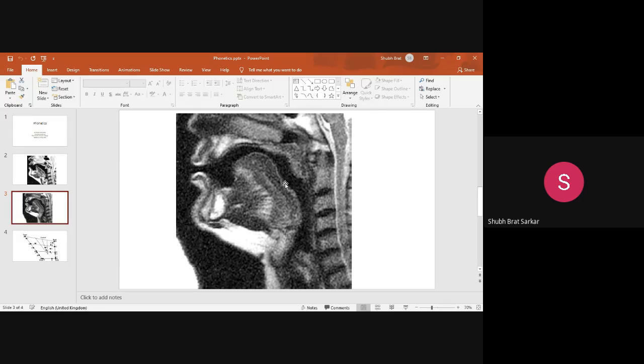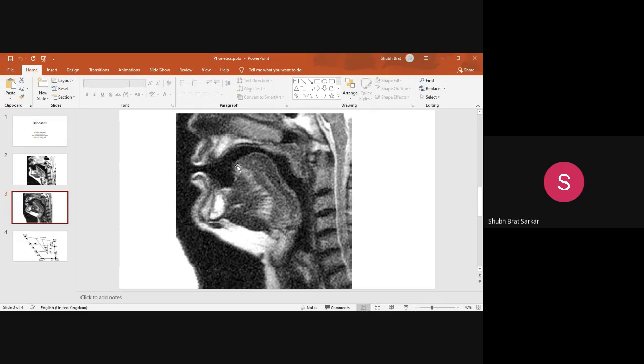These monophthongs, according to the duration of the sound, have also been classified into two types. I repeat, according to the length of the sound, these monophthongs are further classified into two types. One is called the short vowel, the second is called the long vowel.